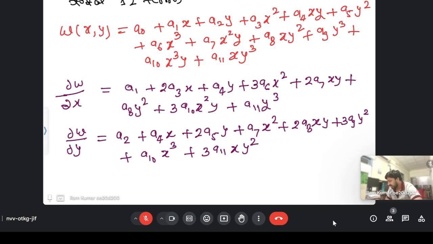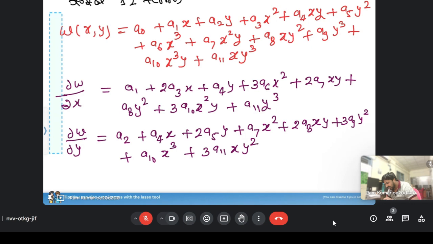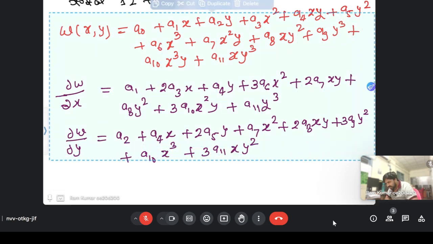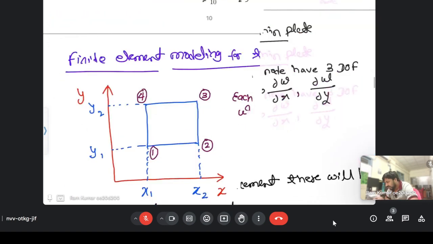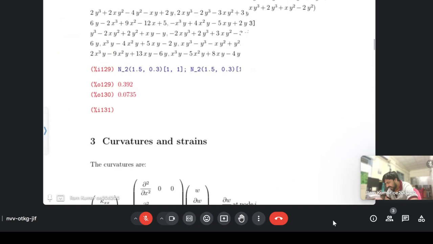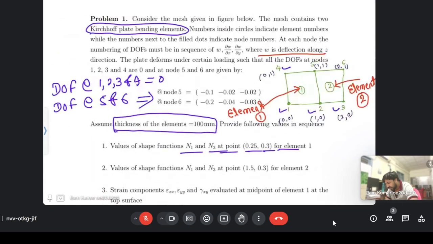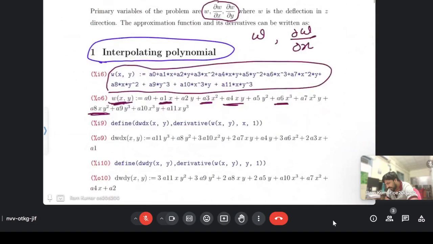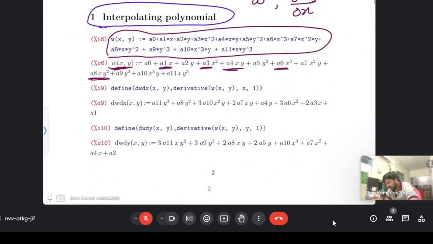So now we got this del w by del x, that's fine. I will just take this one from here, copy, and we will go here and check what is actually going on.